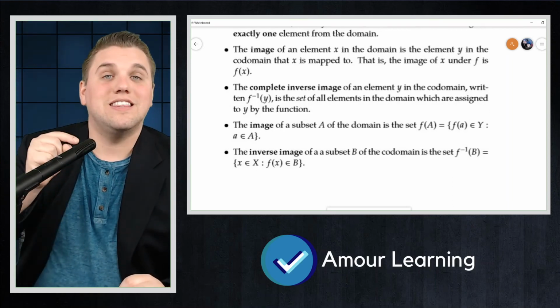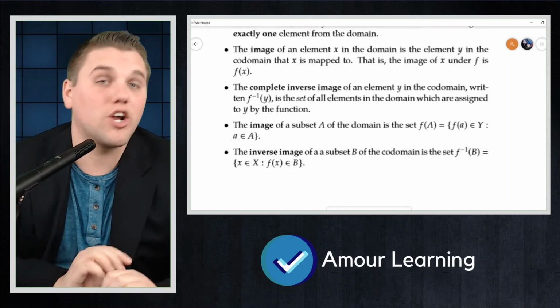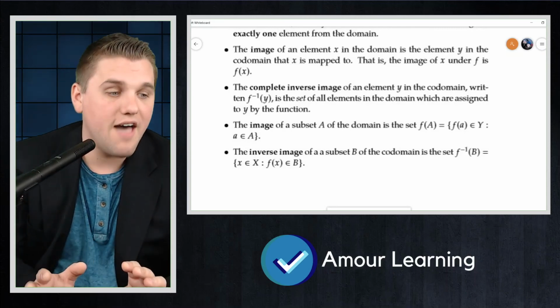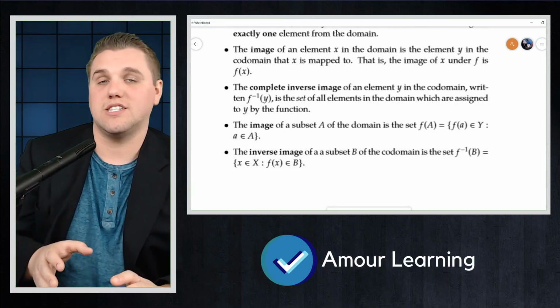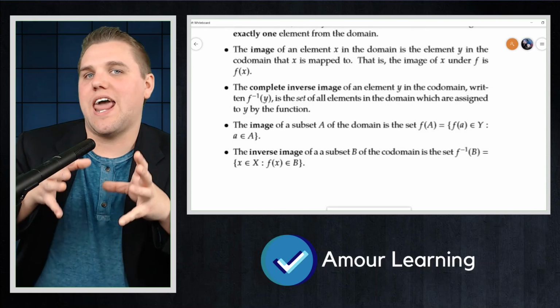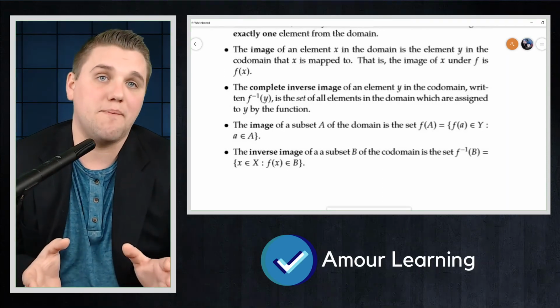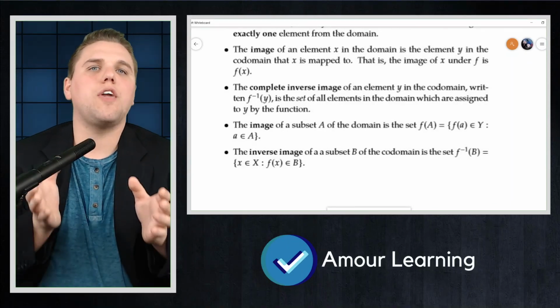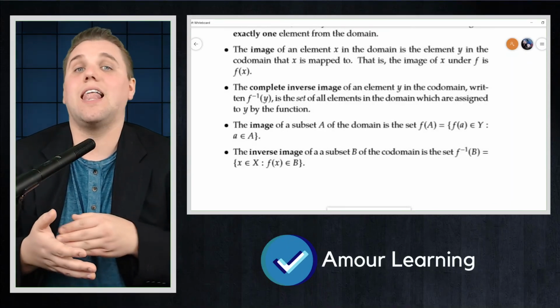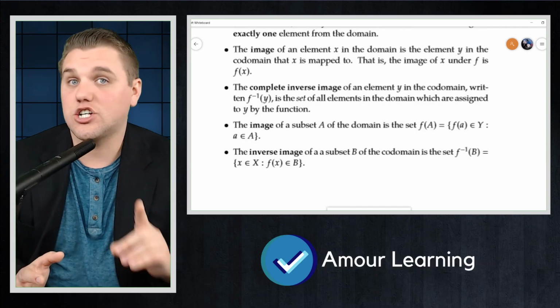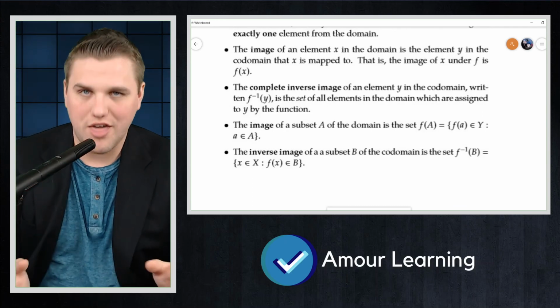However, this always does exist, regardless of what the function is. f⁻¹(B) always exists. In this case, we're not plugging an element into the inverse function. We're actually constructing a set by asking, what are all the inputs that map to the elements of B? Not just one element, but all the elements in B.